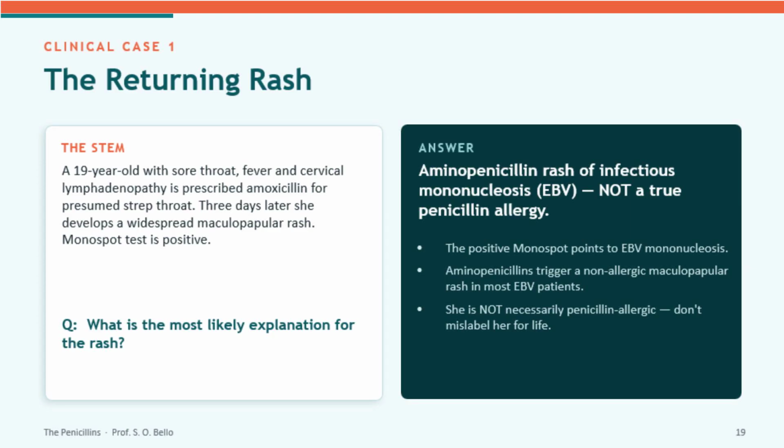The clinical lesson is huge. Do not reflexively label this young woman as penicillin allergic, because that label would follow her for life and push her toward inferior, broader, and costlier antibiotics. Document exactly what happened instead.